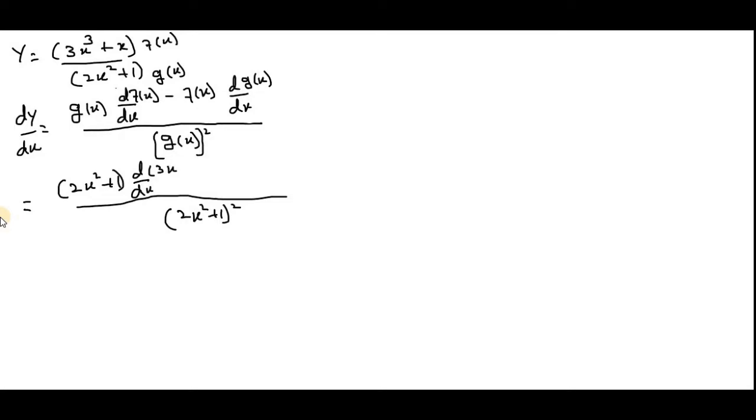Now d by dx, because we have to take the derivative of f of x, which is 3x cube plus x, minus 3x cube plus x as it is, and the derivative of second function, which is 2x square plus 1.